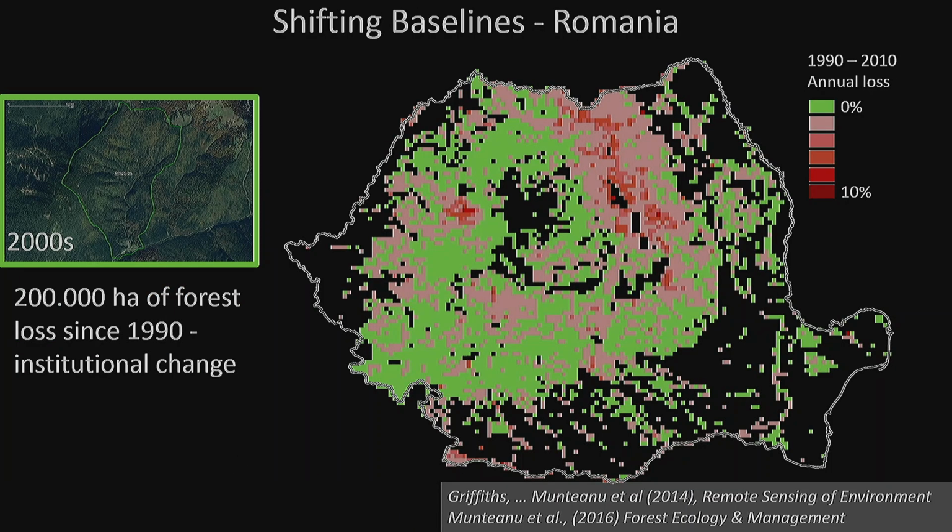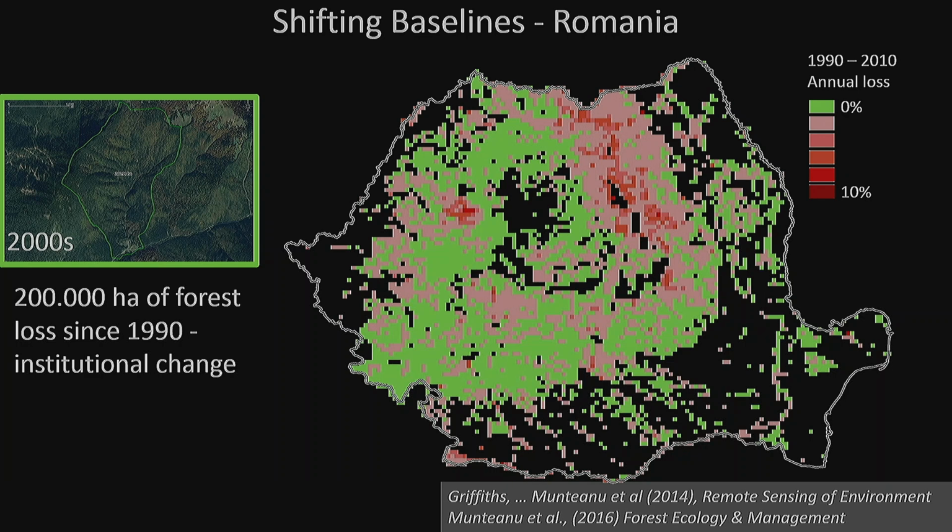I start with an example from Romania. I originally come from Romania, so it's a place very close to my heart. You might have seen Romania in the news quite often because of the high rates of forest disturbance and harvesting and lots of illegal logging.